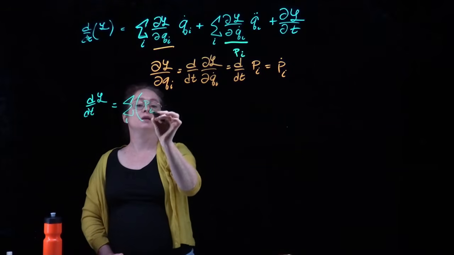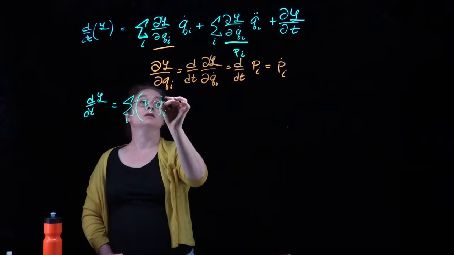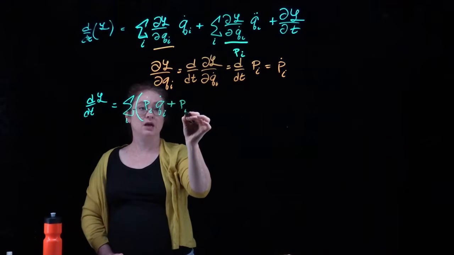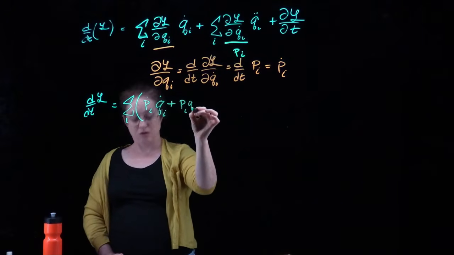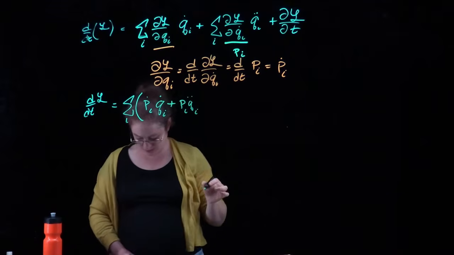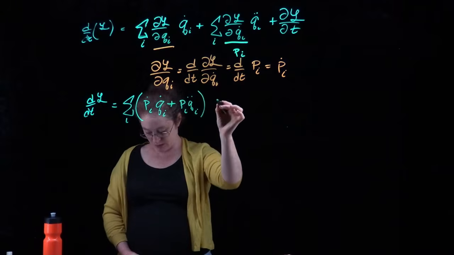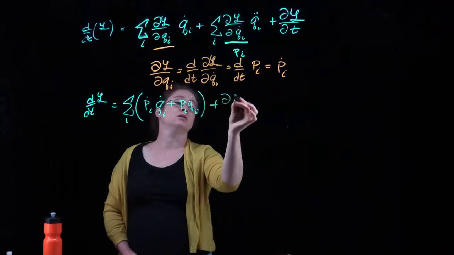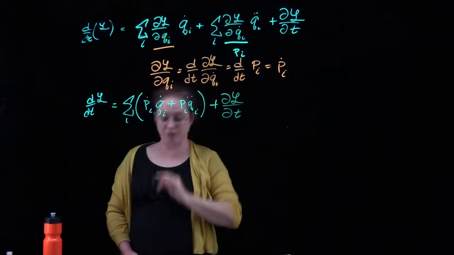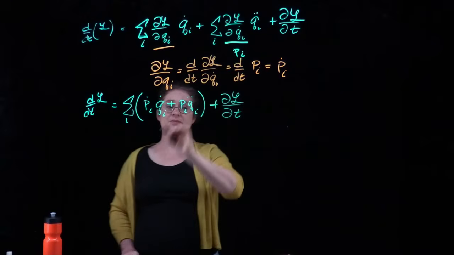This is pi dot times qi dot plus pi times qi double dot plus the partial L partial t, the derivative with respect to the explicit time dependence.